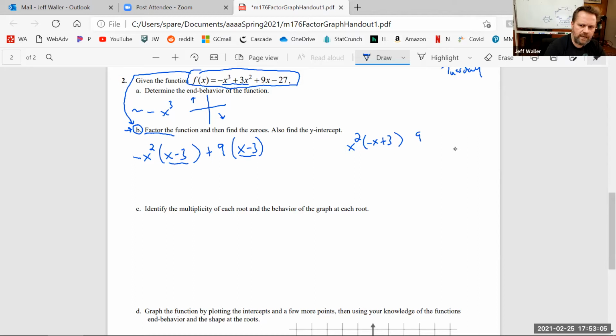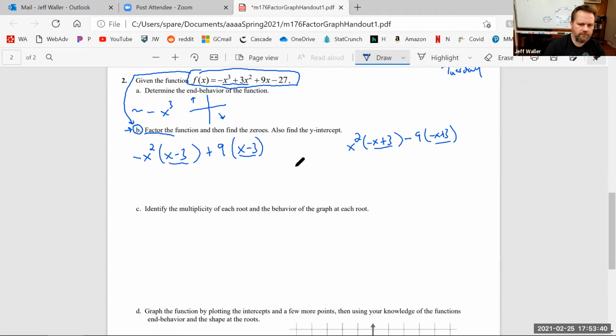Because if I take a 9 out, that's going to leave a positive x and a negative 3. But really, the main thing about grouping is you're not doing it right unless the second little dude is the same as the first little dude, because if they're not the same, you can't keep going. So I've got to change the sign. Taking out a negative 9, then it becomes negative x plus 3. Now these guys are the same. That's why it's better to get the negative out of the way in the first place, so you don't run into weird things like that.